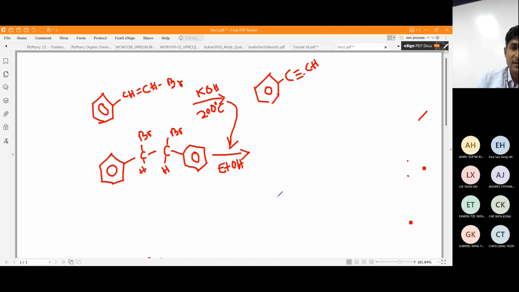So it is good for SN2 reaction. Now it's 200 degrees centigrade. So what will happen is this. Carbon, and then, mistake already.